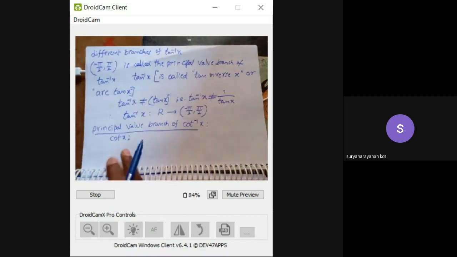What is the domain of cot x? What is the domain of this function cot x? Do you remember?